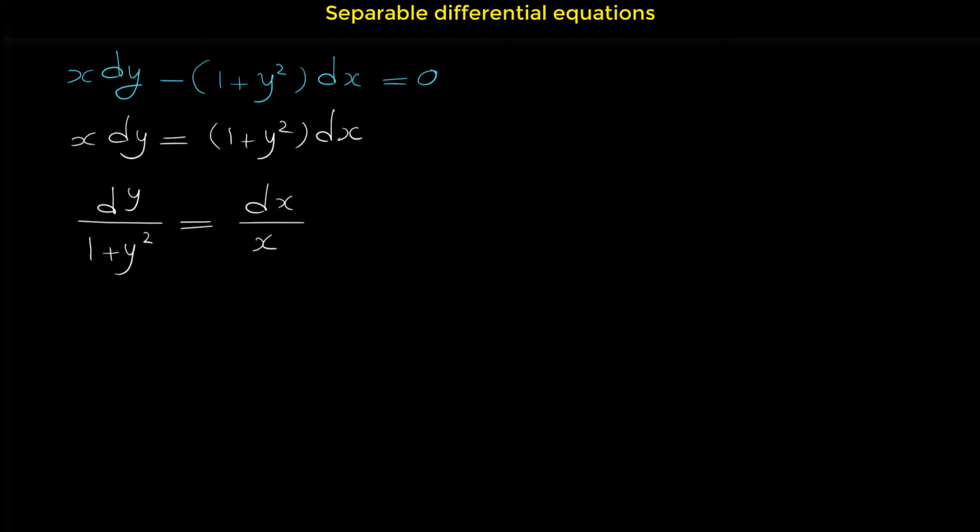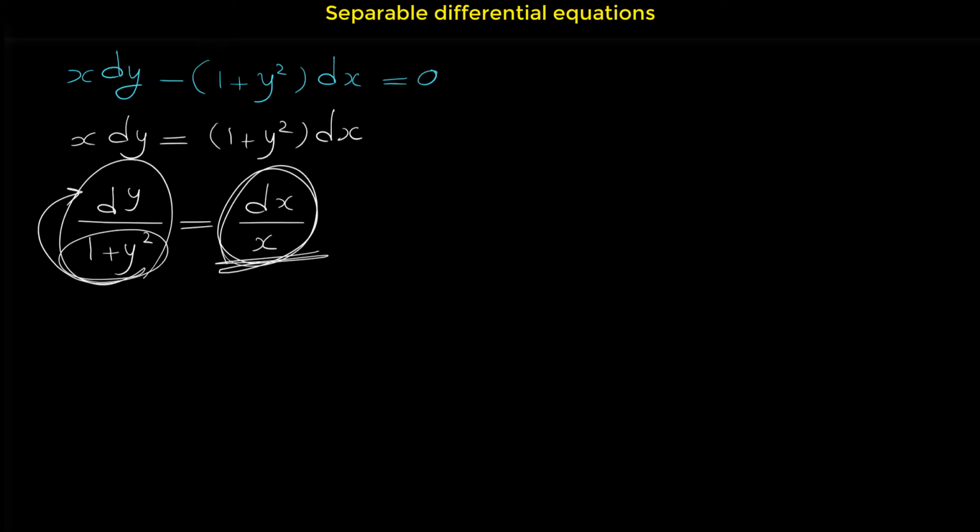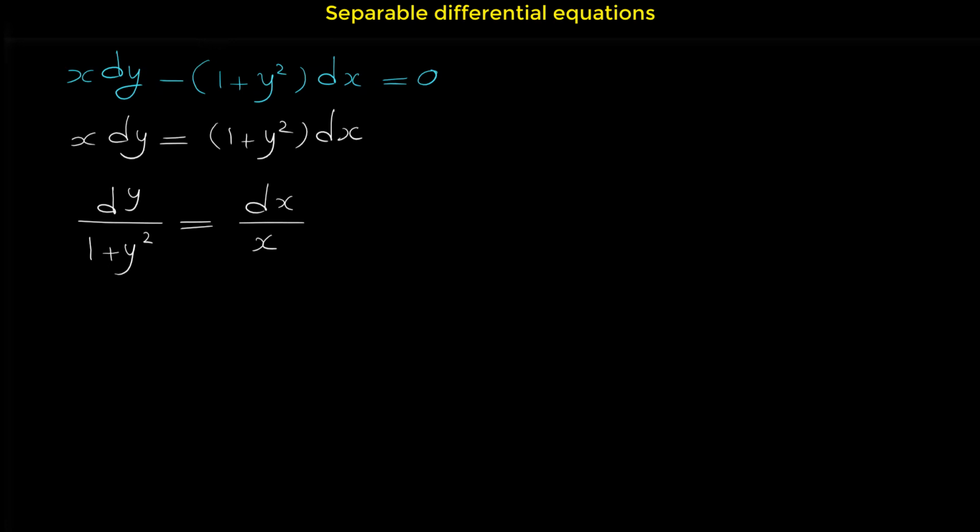Now the differential equation is in the form of a separable differential equation: f of x with dx, f of y with dy. Now for finding the solution, we have to integrate the two sides of this equation. So integral of dy over 1 plus y squared equals integral of dx over x.